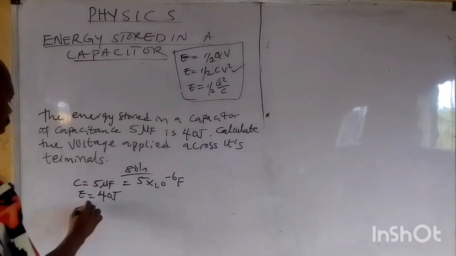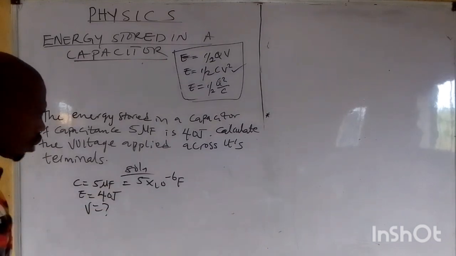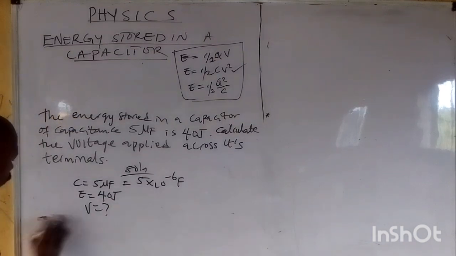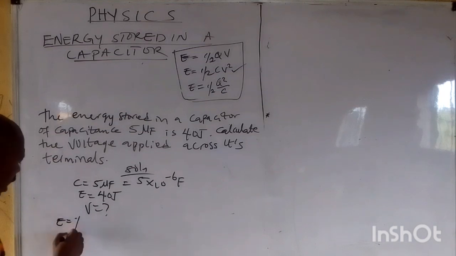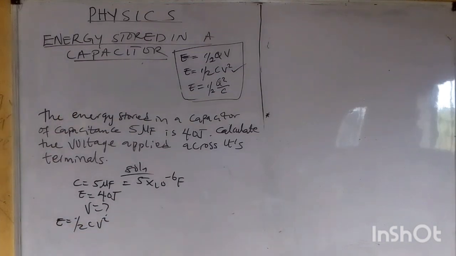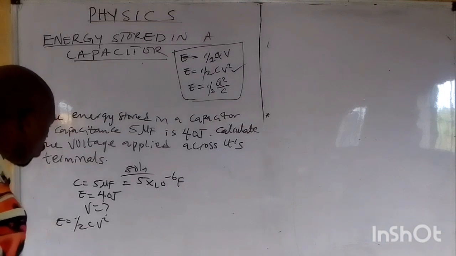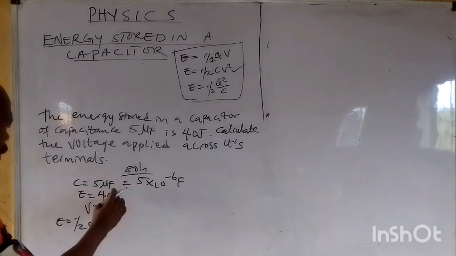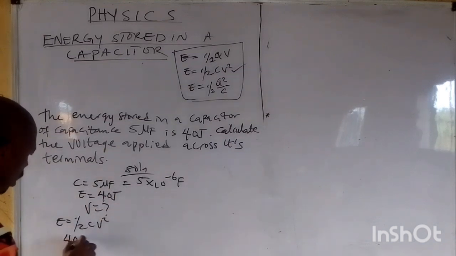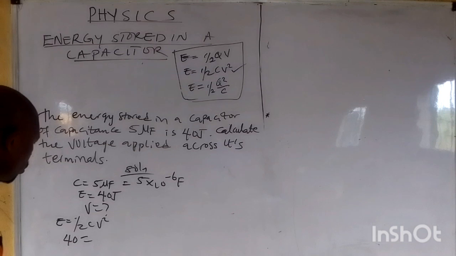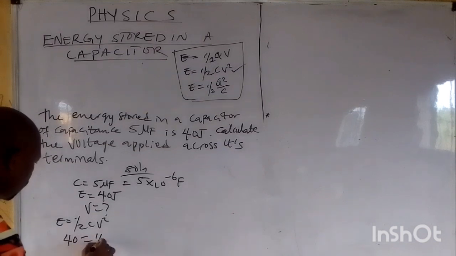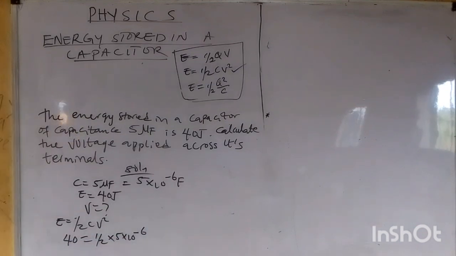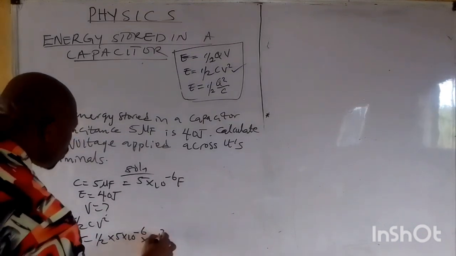They said calculate V. Since we are looking for V, from the relation that says E is half CV squared, we substitute. 40 is equal to half times C, where C is 5 times 10 raised to the power minus 6, times V squared.